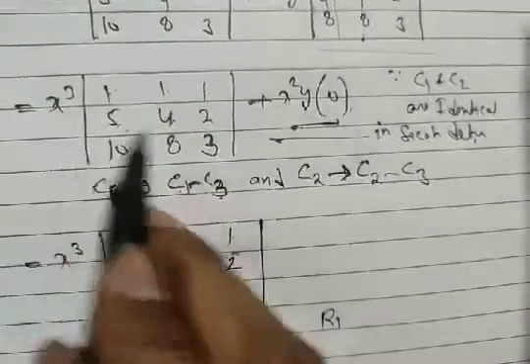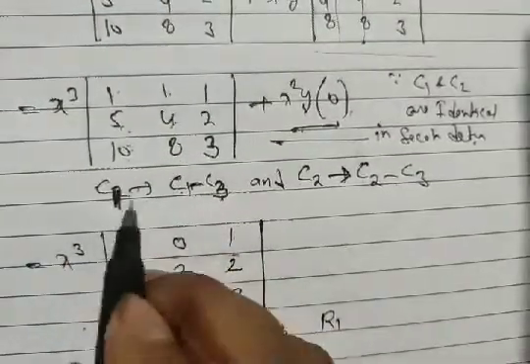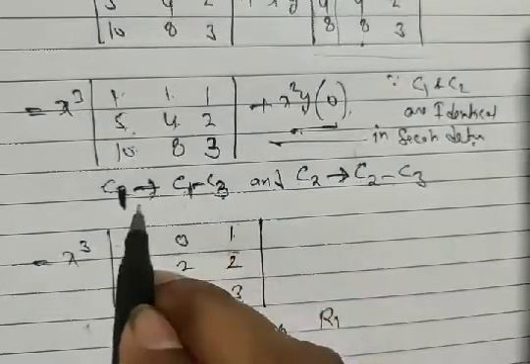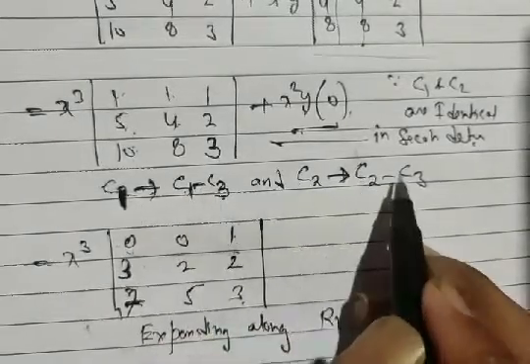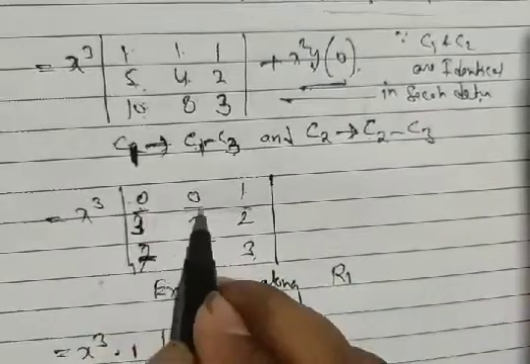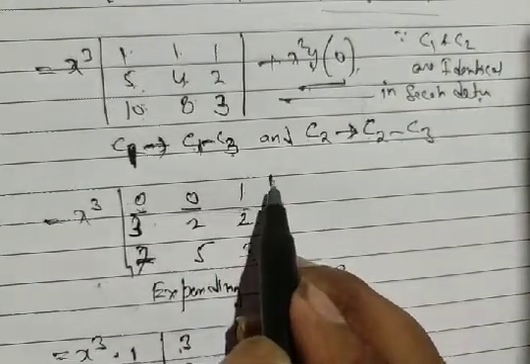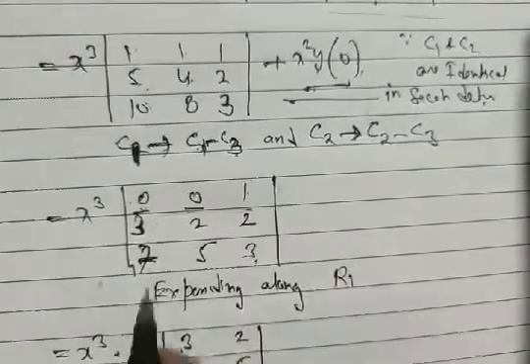This second determinant goes to 0, x square y into 0 is equal to 0. Then we have x cube, 1 1 1, 5 4 2, 10 8 3. Then we perform column operations, changing C1 by C1 minus C3 and C2 by C2 minus C3, to make two of them 0, then expanding along R1. Then we have our required result. This is our problem. Now we are going to proceed with the next problem.